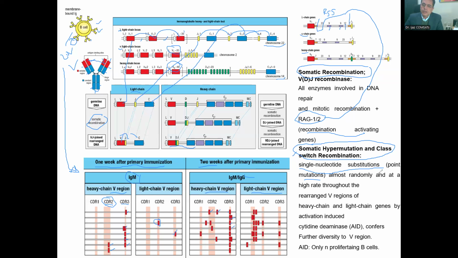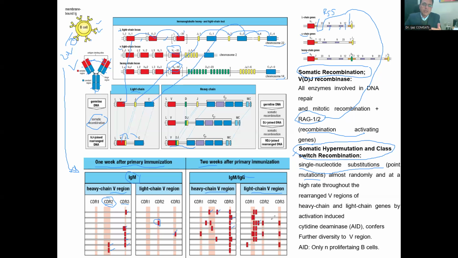The point mutations that we are talking about here introduce further diversity into the sequence of the variable region. And that diversity is important for increasing the binding strength of the antibody. It means the B cell now has come in contact with the antigen.